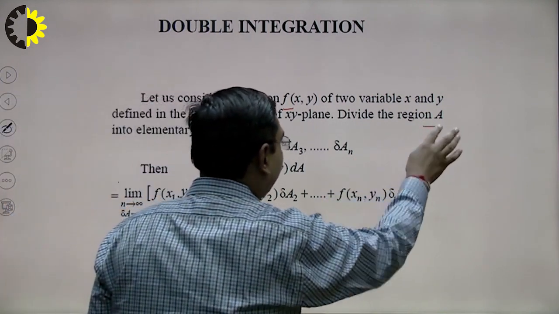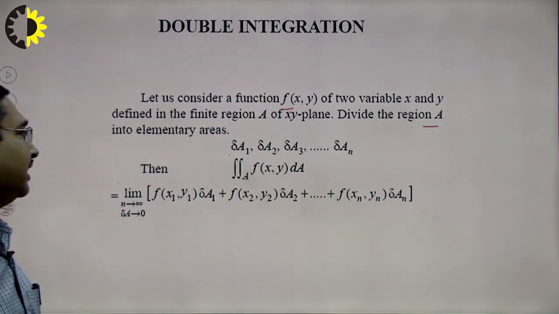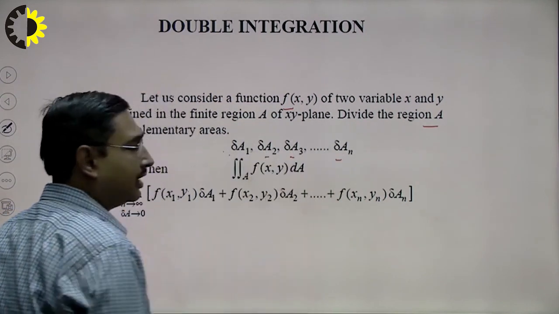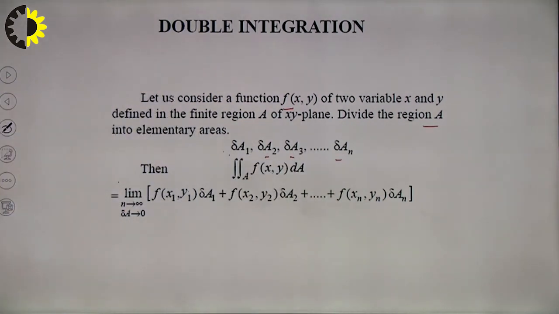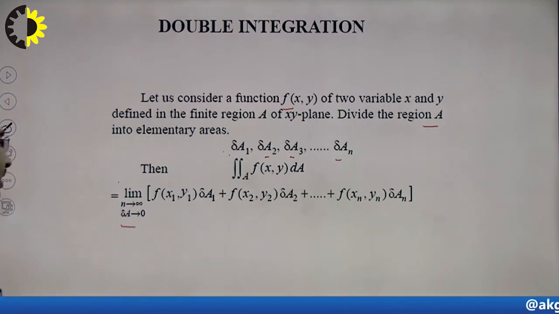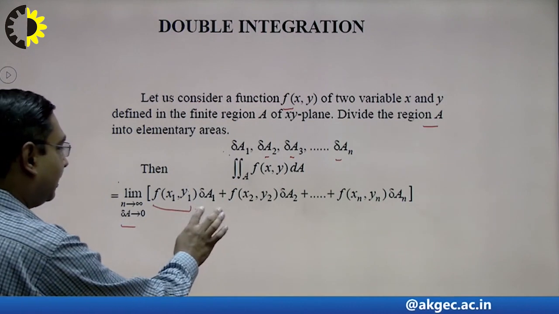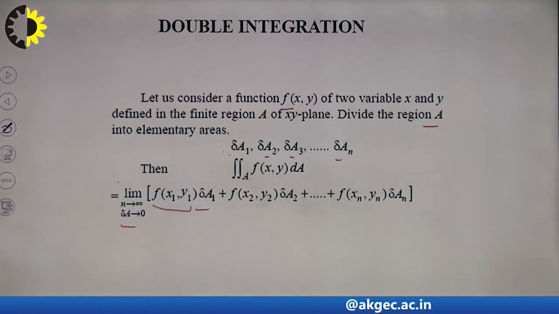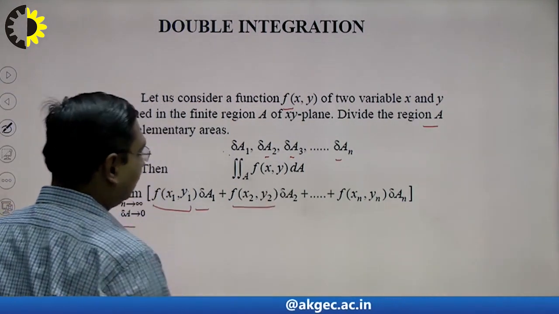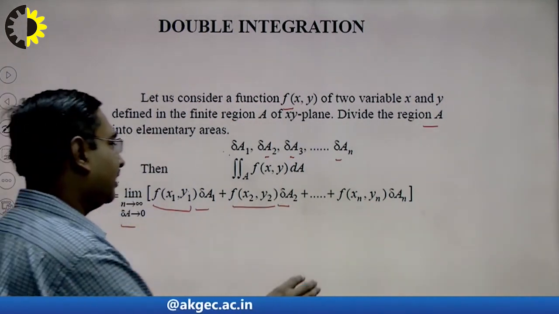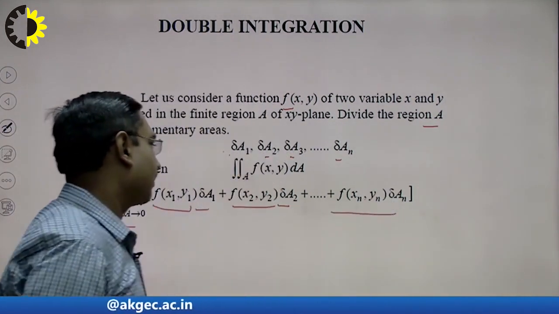Divide the region A into elementary areas delta A1, delta A2, delta A3 up to delta An. Then calculate the functional value multiplied by a small area, then the functional value multiplied by another small area, and calculate this sum.